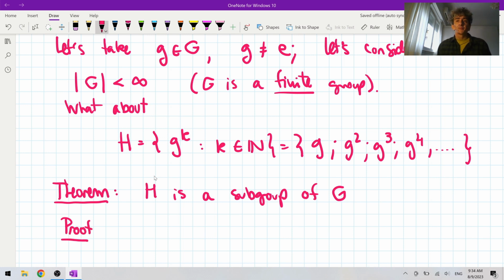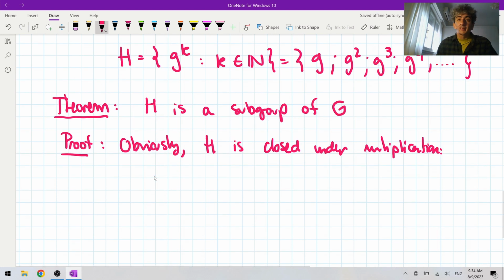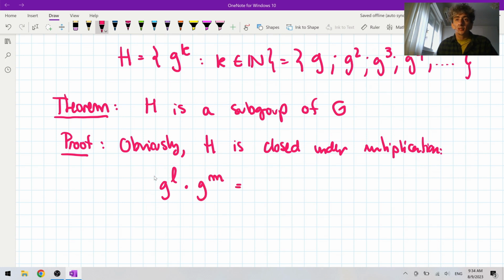Obviously, by definition, H is closed under multiplication. And by this we mean that g to the l times g to the m is obviously g to the l plus m.